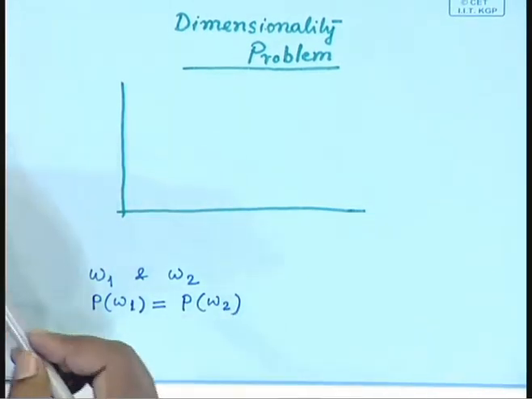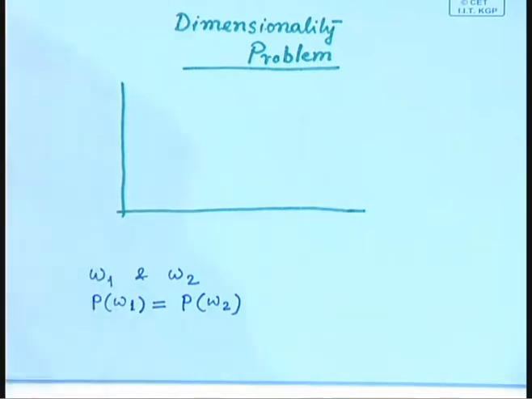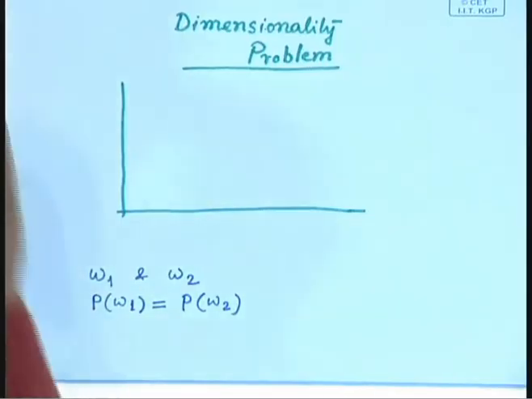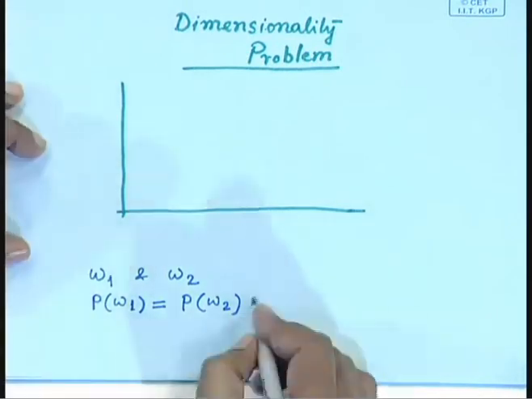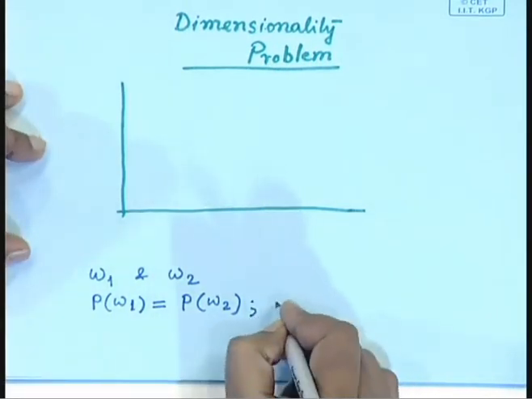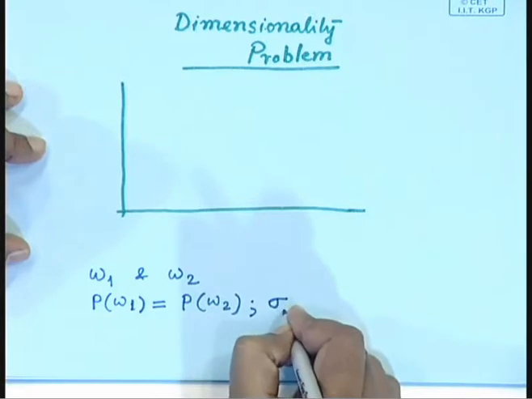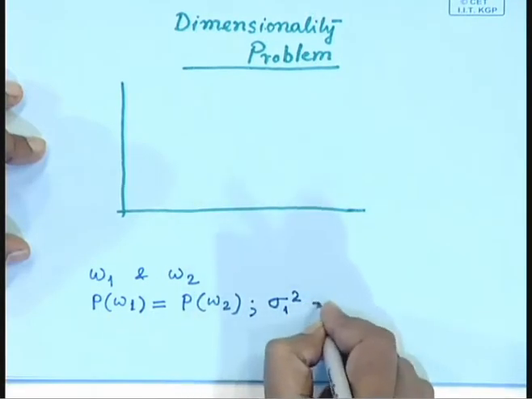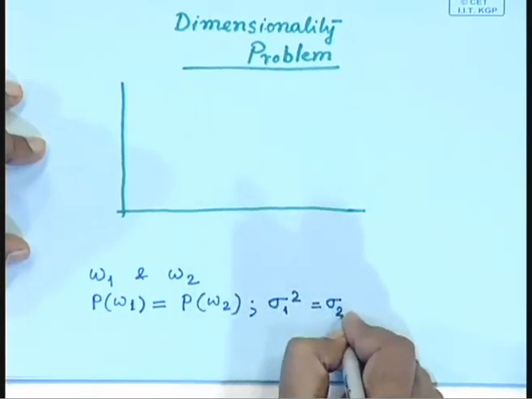By assuming this, I plot the probability density functions, and let me also assume that the variances of these two classes are also the same, that is, sigma 1 square is equal to sigma 2 square, for simplicity.